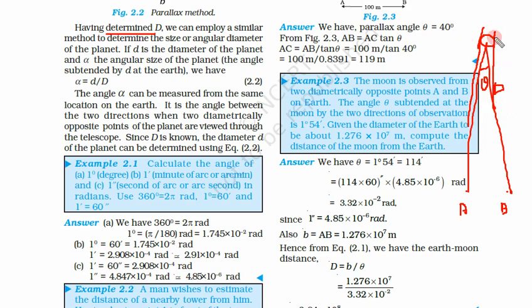So at two different points we can measure the diameters, and this is called angular diameter. If small d is the diameter of the planet and alpha is the angular size of the planet, the angle subtended by d at Earth, we have alpha is equal to d by D.